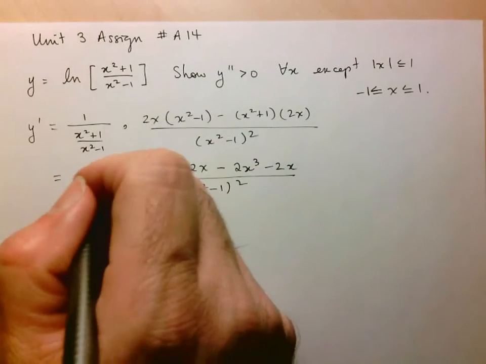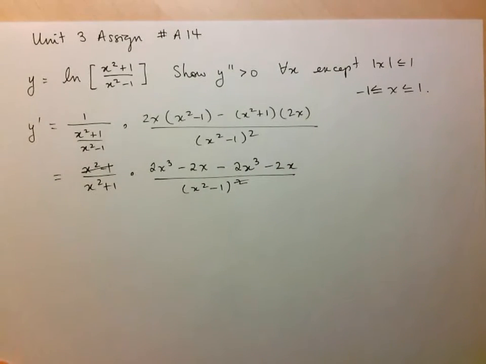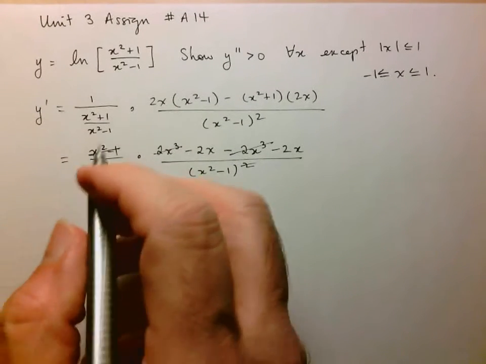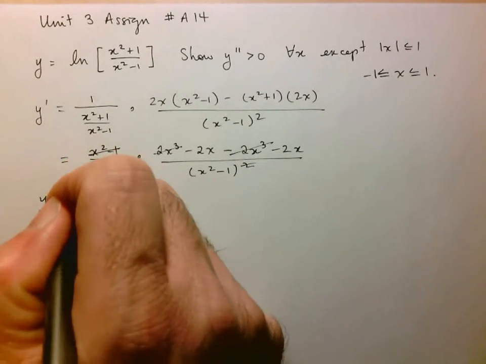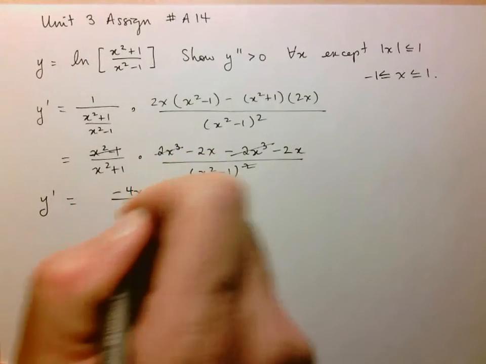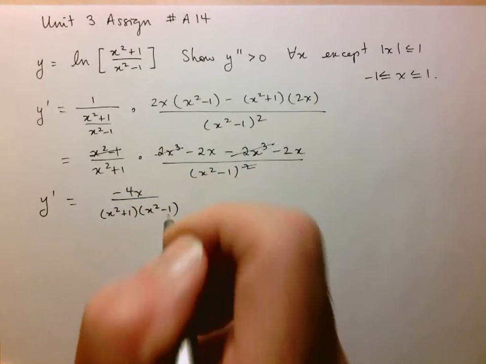The first thing I notice is that x squared minus 1 will reduce with one of those x squared minus 1s, and the 2x cubes cancel each other out. So y prime is equal to negative 4x over (x squared plus 1) times (x squared minus 1).